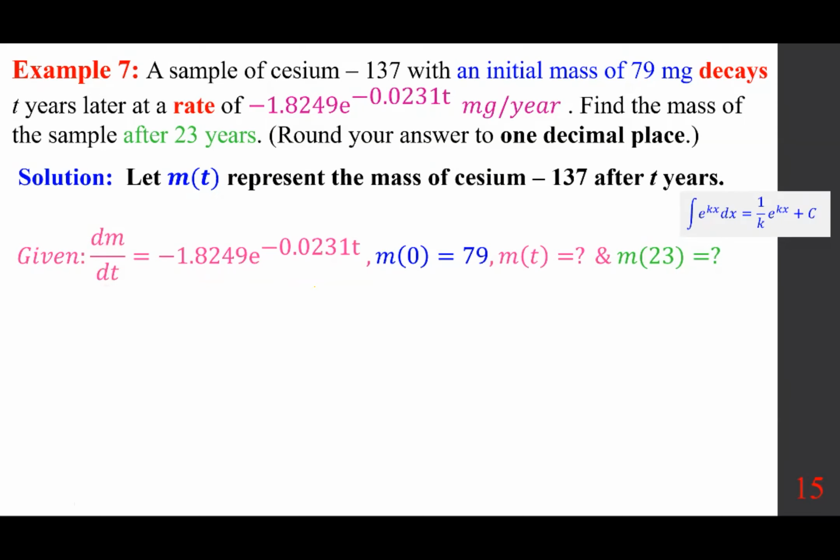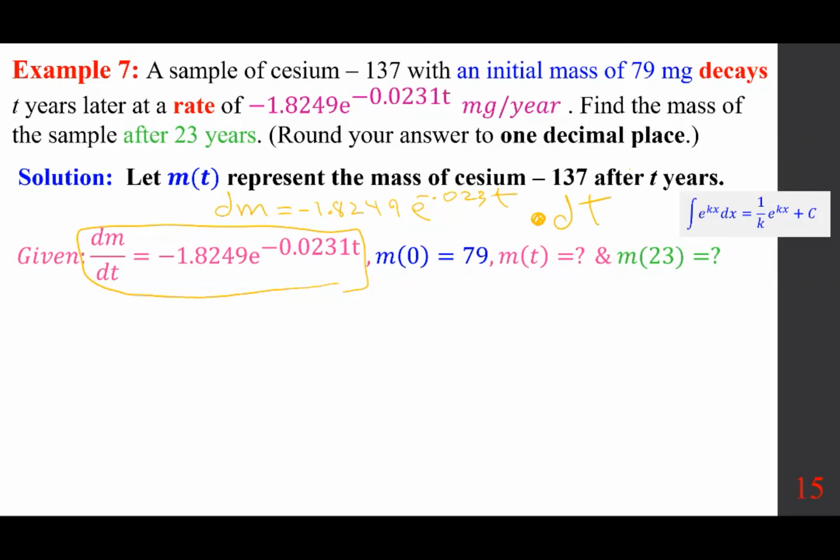So this means dm is negative 1.8249 e to the power of minus 0.023 t dt.